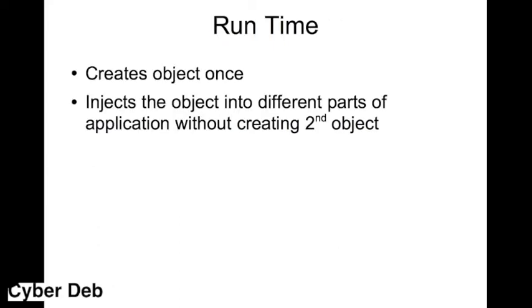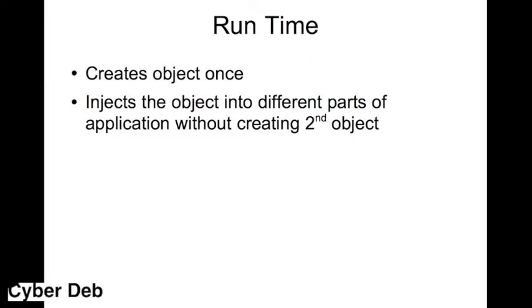So the runtime, whichever you are using, that is Java runtime or Spring runtime or any runtime environment wherever we are putting our application, there the object will be only one.